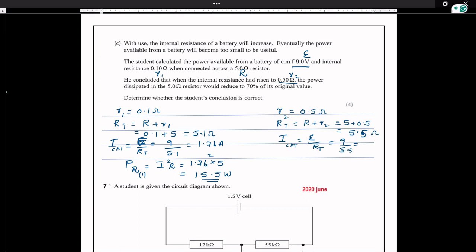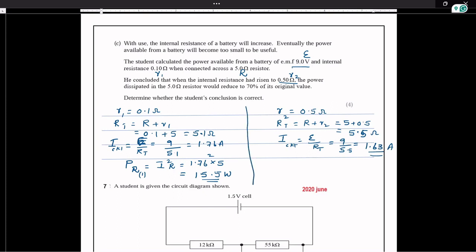Let's calculate the current. 9 over 5.5 gives a value of 1.63 amps.